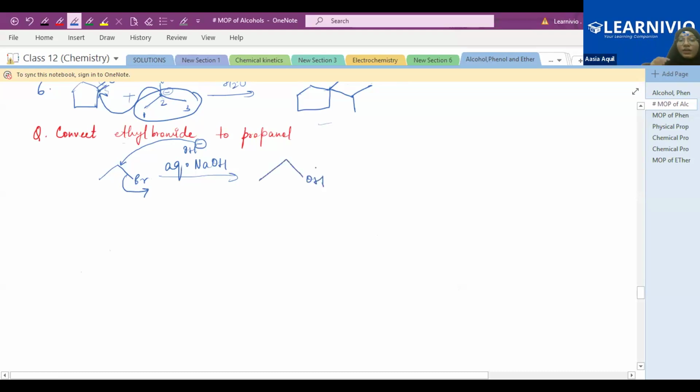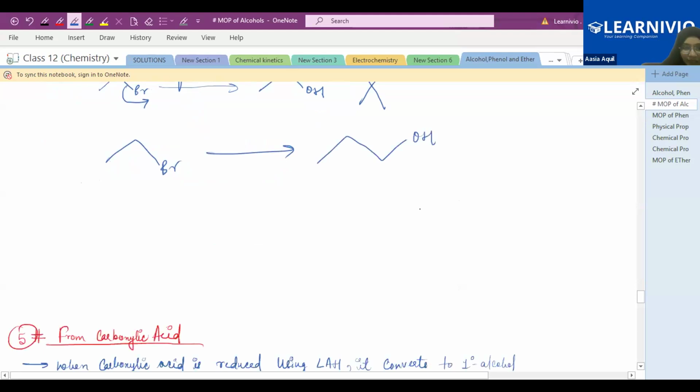Now the question is, how can we prepare propanol from ethyl bromide? Because by this method you can't prepare propanol from ethyl bromide. Okay, so that's the wrong method. See, we have to prepare propanol from ethyl bromide, means we have to add one carbon. So first you can convert it. You treat it with magnesium.